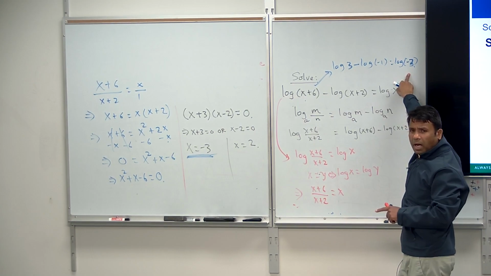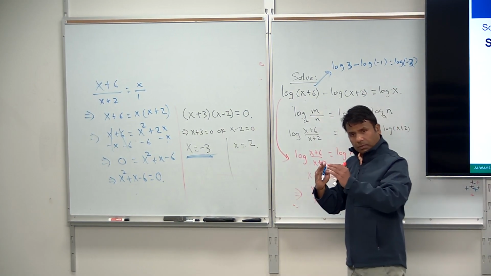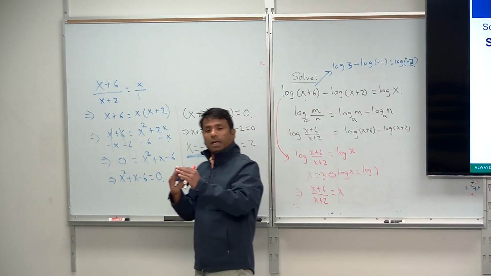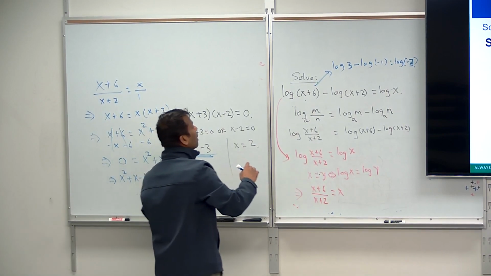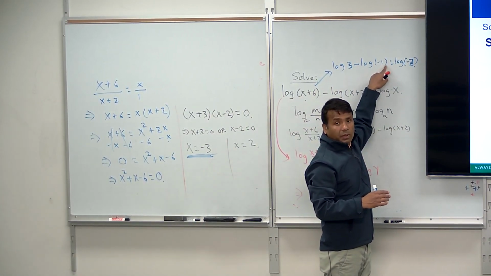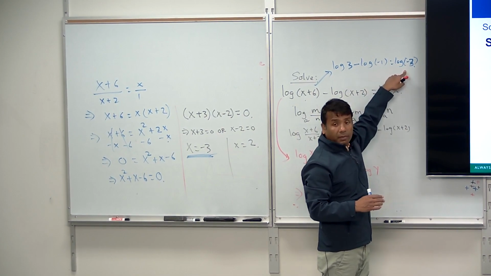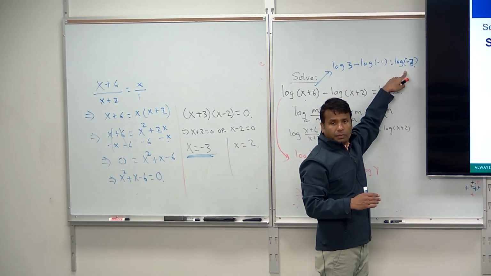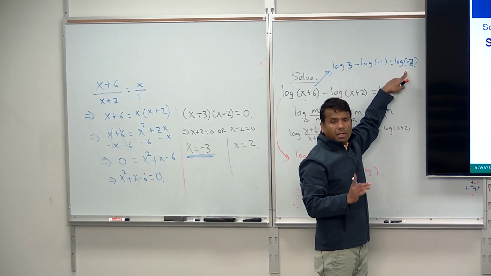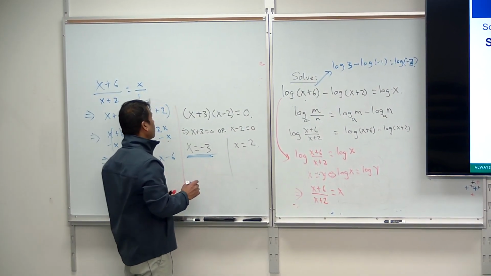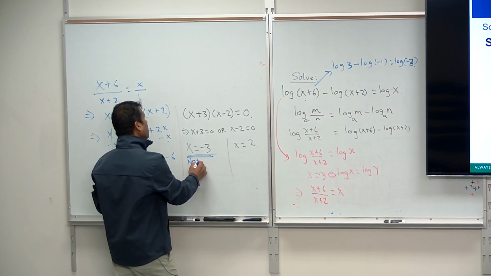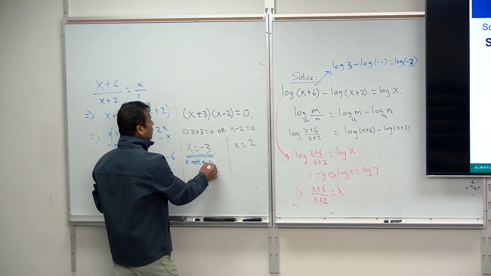You know the domain of the logarithmic function, right? It is positive numbers, greater than 0. But here you see negative 1 is the input, negative 3 is the input. So these two are undefined. Makes sense? So that's why negative 3 is not a solution.